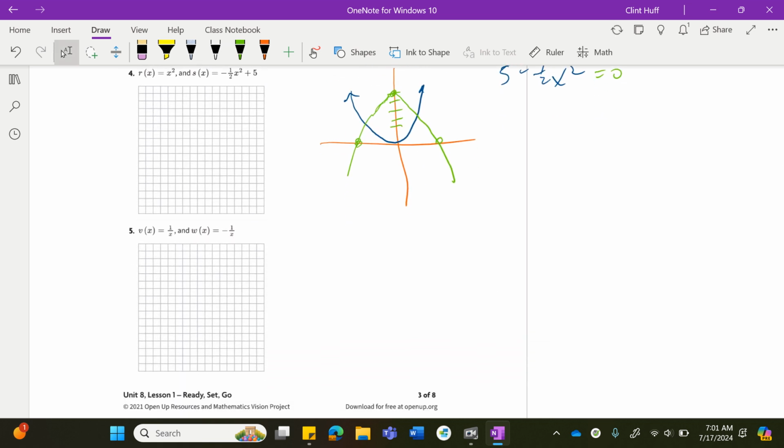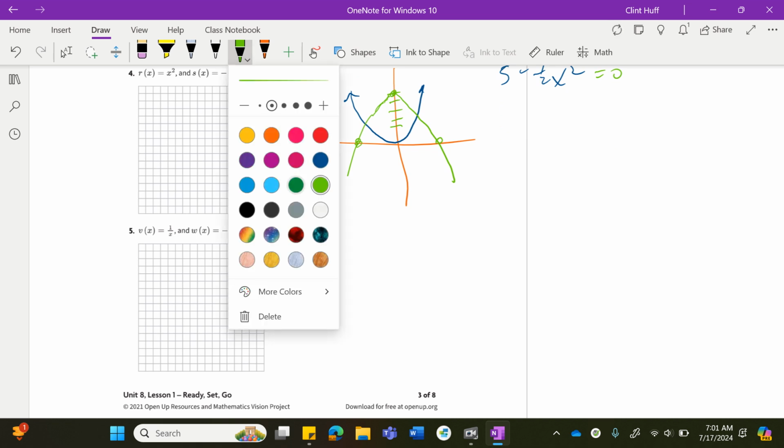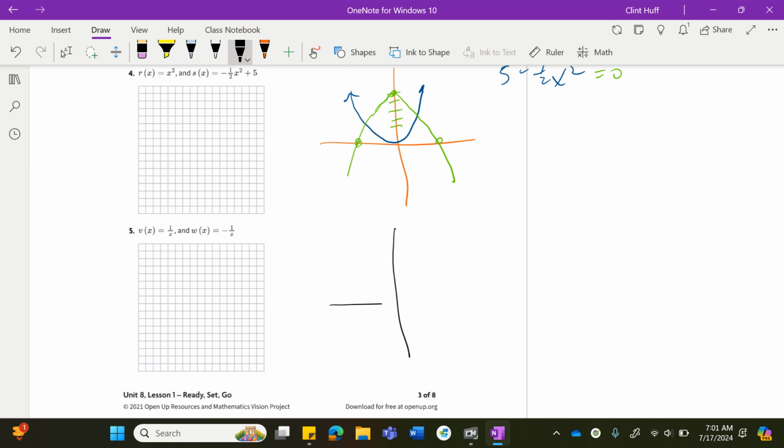All right, the next one, 1 over x. This is a rational function. So this one, I'll do in red. It's asymptotic to the y-axis towards infinity. And it's also in quadrant number 3 over here.